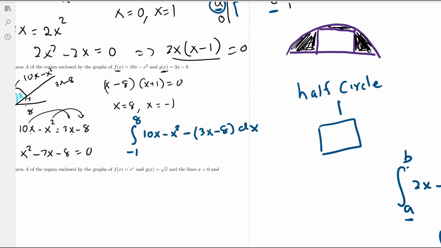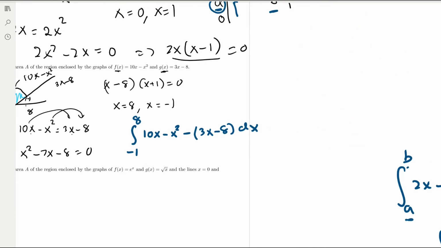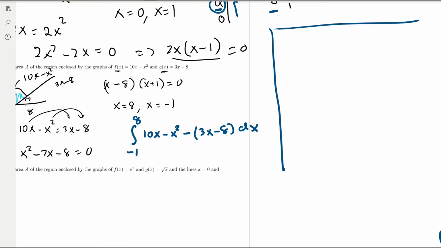Okay, right, these are notes from the previous video, so let's erase them and try to figure out the answer here. Let's simplify this before we integrate. It's 10x minus x squared, and if you distribute the minus sign, minus 3x plus 8.